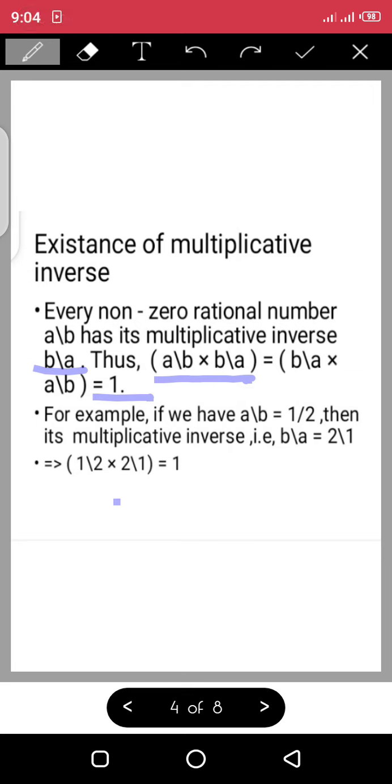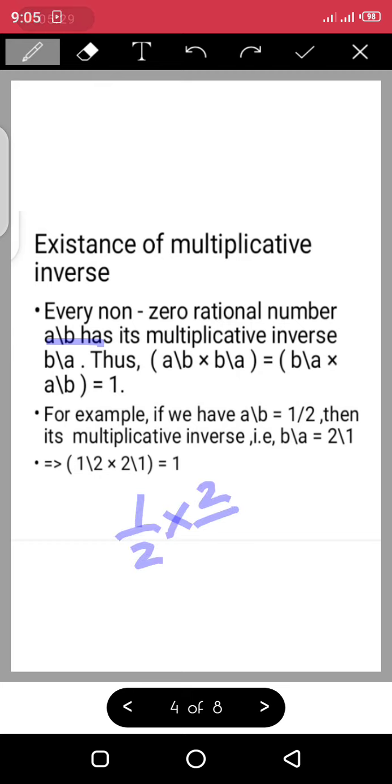If we have a/b = 1/2, then its multiplicative inverse will be b/a, that is 2/1. Then it gives the answer 1, because if we write it as 1/2 × 2/1, then 2 cancels 2, and we get 1. So it satisfies this equation. So this is what the existence of multiplicative inverse is.